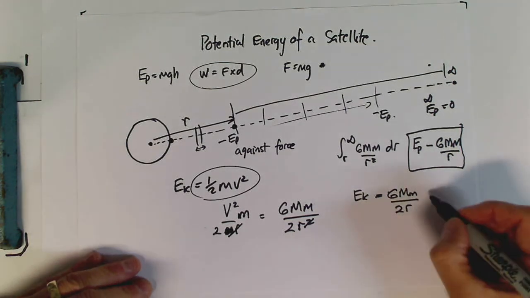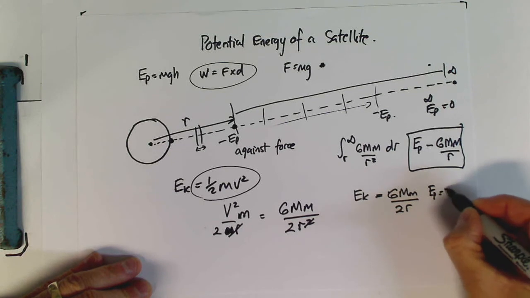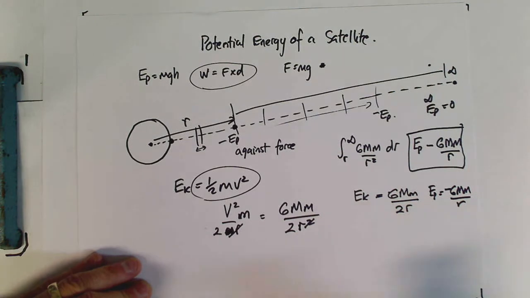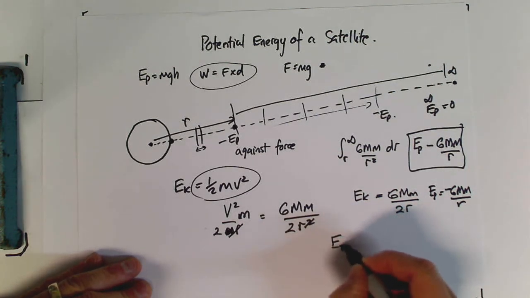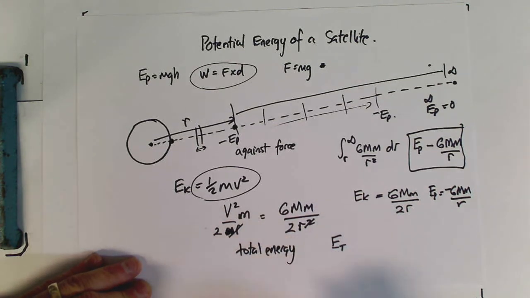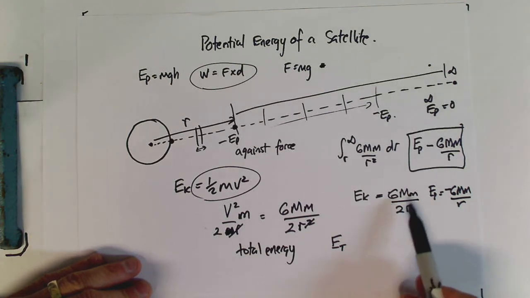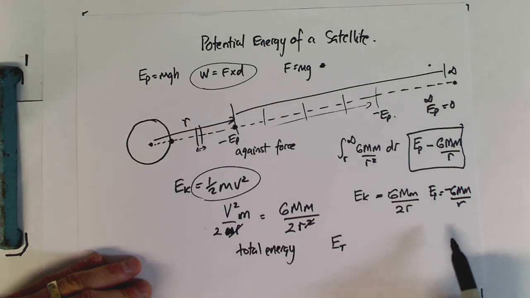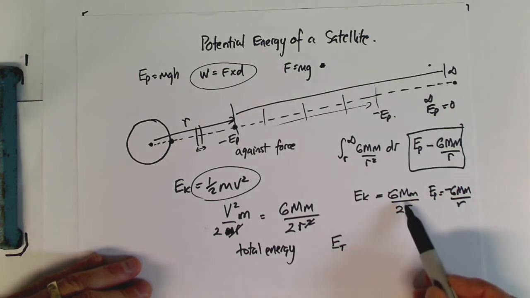And we already had the potential energy was minus big G, big M, little m over R. So now we can actually have a formula for total energy. And what is it going to be? Well, we've got a half positive kinetic energy with big G, big M, little m over R, and we've got a minus big G, big M, little m over R. So this is just like minus 1, and this is like plus half.